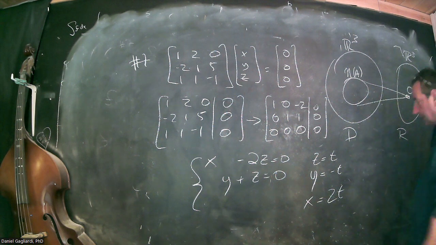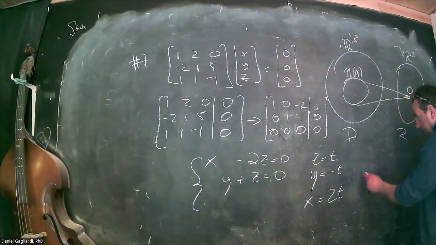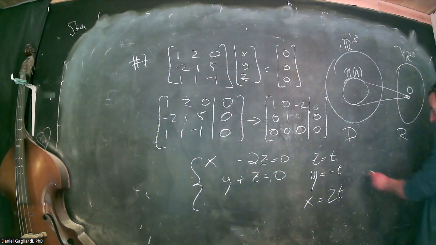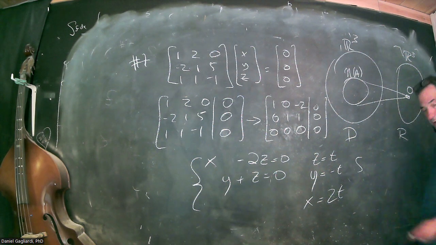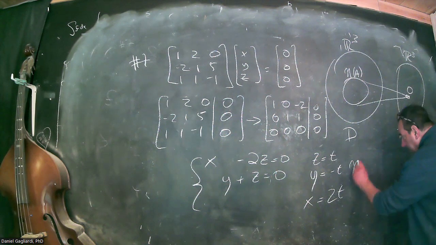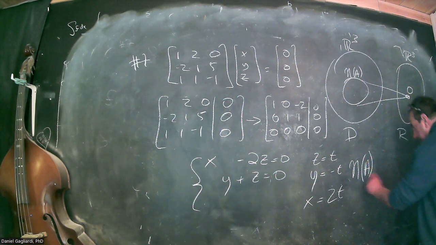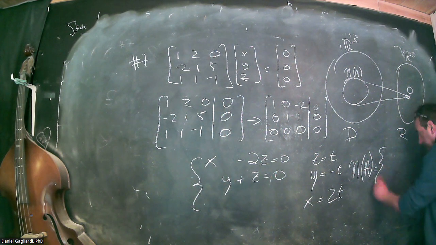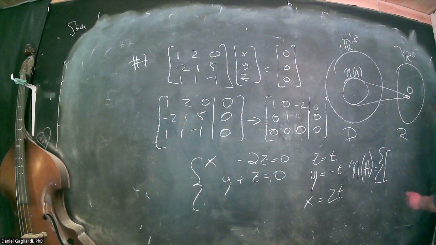Okay? Right? And this solution, if we write down the solution, what do we have? S for the null, and I'll write it as the null space. Okay? Thus, the null space of this matrix A is equal to the set of all vectors such that the components are 2t, negative t, and t, such that t is any real number. Okay? There we go.